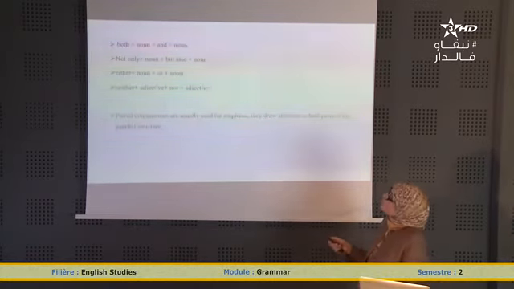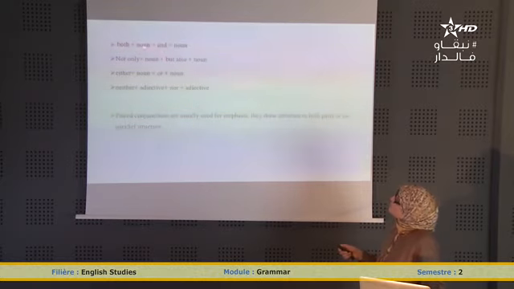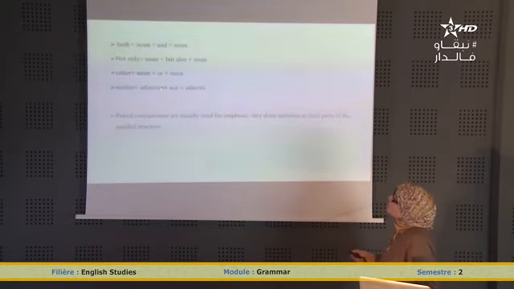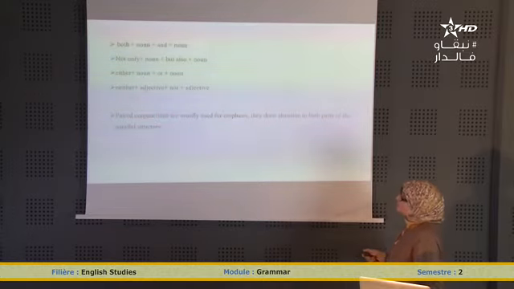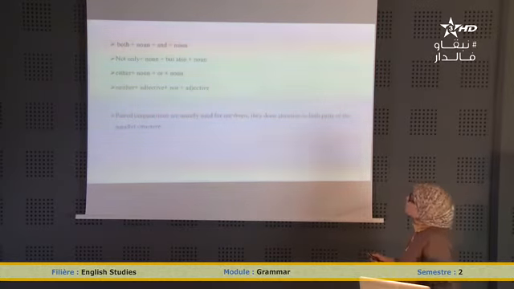As we said, both and connects two nouns, not only but also connects two nouns, either or connects two nouns, and neither is used with an adjective plus nor plus an adjective. Paired conjunctions are usually used for emphasis.